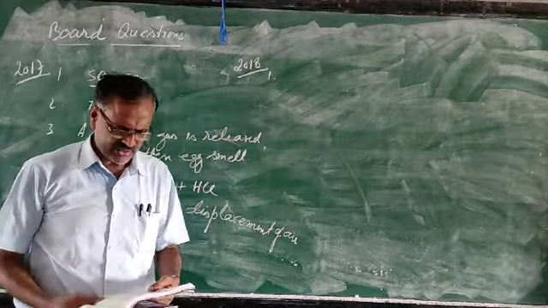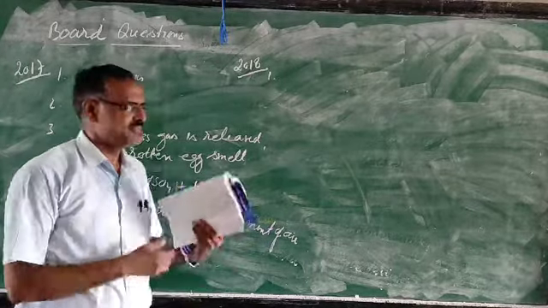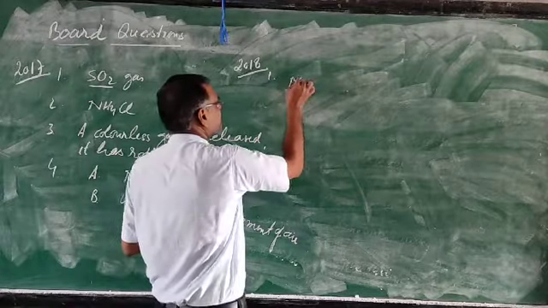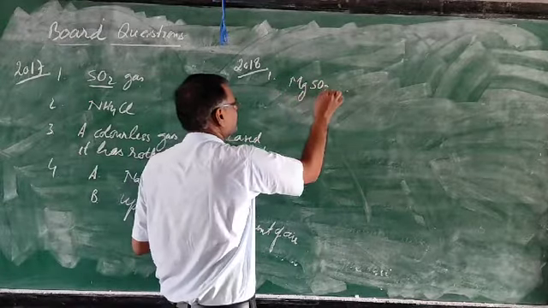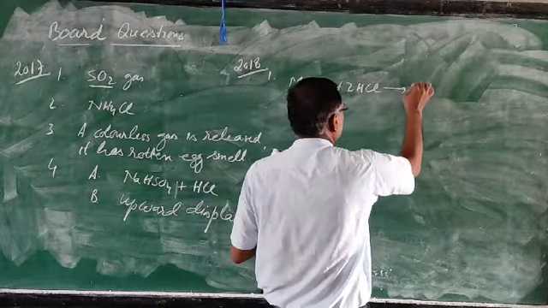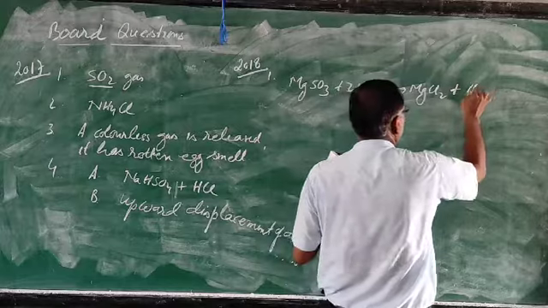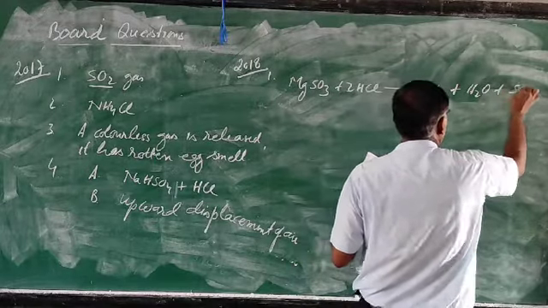Write a balanced chemical equation for the action of dilute hydrochloric acid on magnesium sulfite. So this MgSO3 reacts with HCl to form magnesium chloride, water and sulfur dioxide.